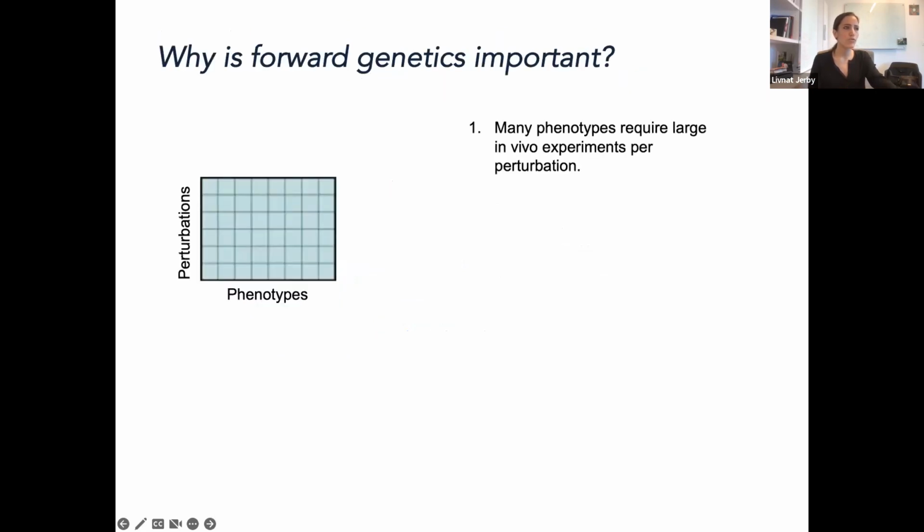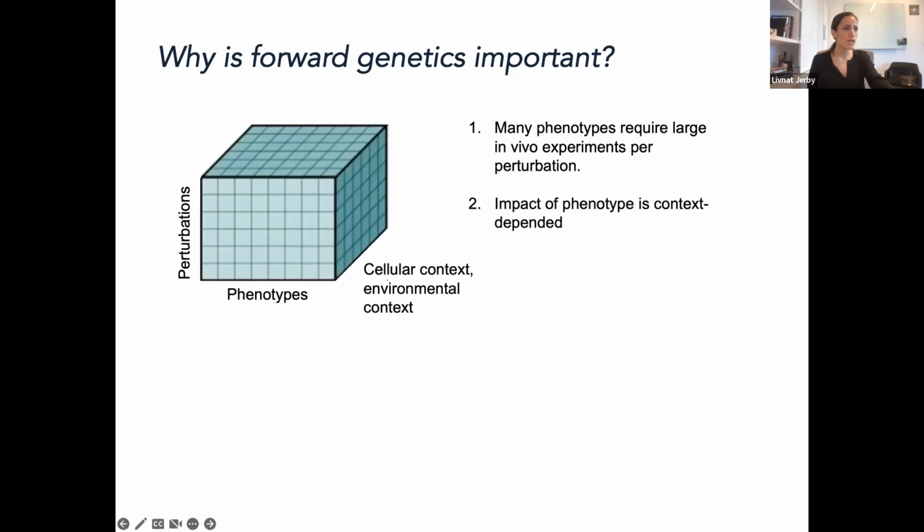So just to briefly explain why I think that this is so critical and important, I worked quite a lot on combinatorial effects of genetic interactions when I was a PhD student in Eytan Ruppin's lab. So if you think of different perturbations and the different phenotypes that they can lead to, most of the phenotypes require large in vivo experiments per perturbation. So this matrix is going to be extremely sparse.